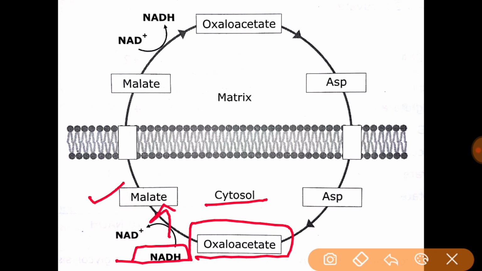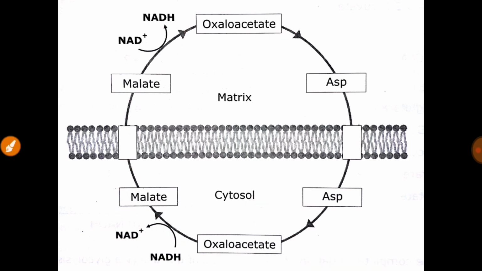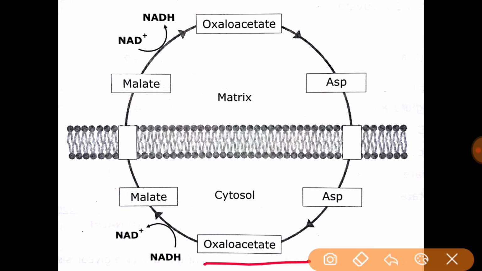Then the malate enters the mitochondrial matrix, from where it gets converted into oxaloacetate, and in this process there is generation of NADH. So that is your malate aspartate shuttle, in which from the oxaloacetate there is formation of malate, and that malate carries the electrons from the NADH.